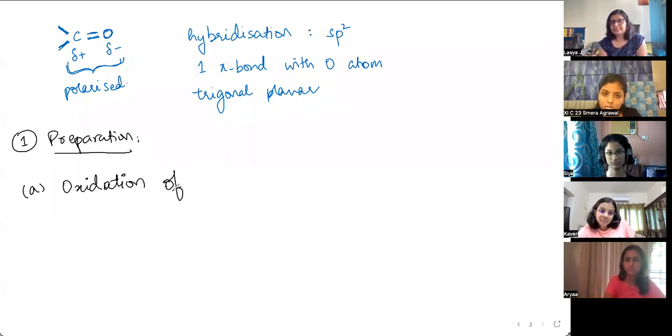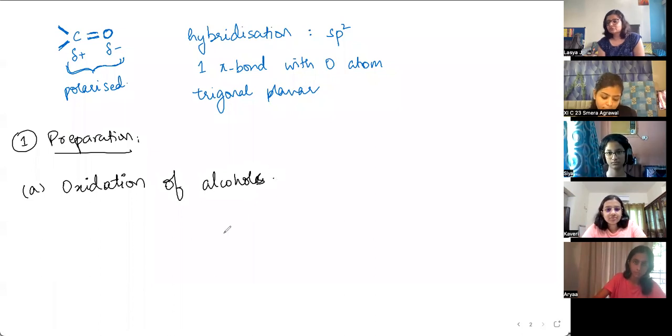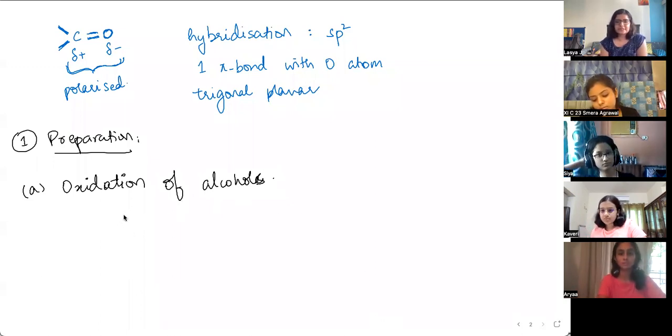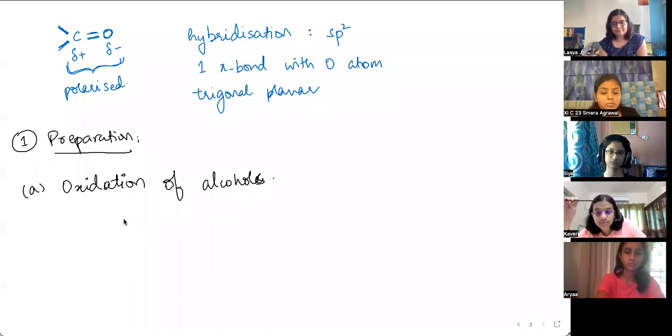What do you oxidize to get aldehydes and ketones? Alcohol. Yes. Now specifics: if I want to get aldehydes, what do I need to oxidize? Primary alcohols.